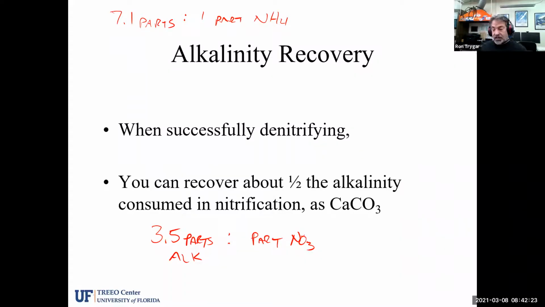So when we successfully denitrify, we gain back some alkalinity, and many times the treatment plant operators never really notice any problems due to an alkalinity deficiency or even a pH drop, because the pH never got to the point where it would drop, because there was always alkalinity present to prevent that from happening as the buffer or the neutralizer. So alkalinity recovery is a very big benefit of successfully denitrifying.